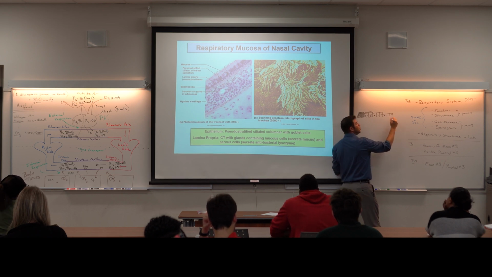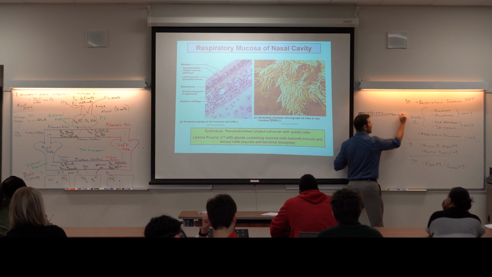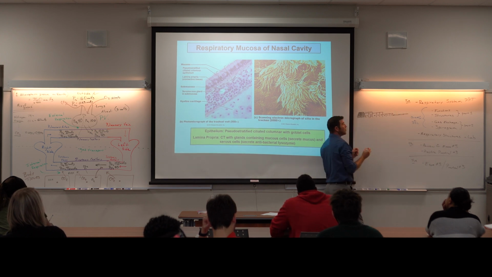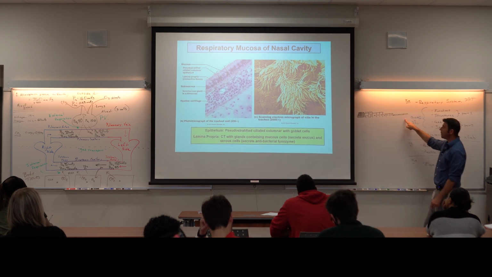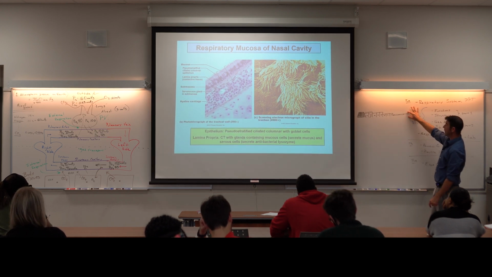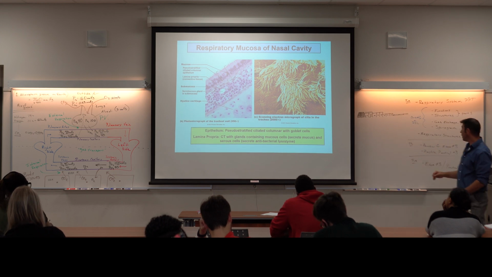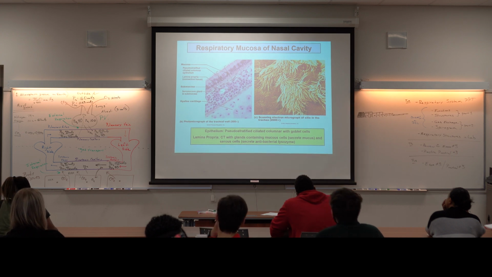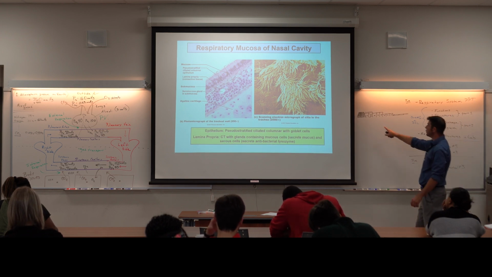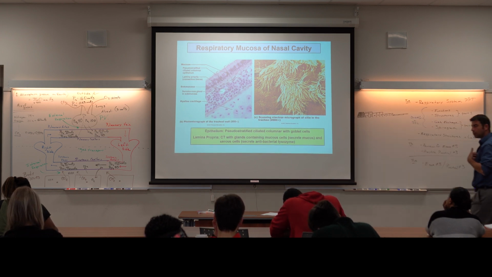We'll see it go from simple cuboidal eventually into those alveoli, those exchange surfaces, where it's down to simple squamous epithelial tissue. The whole idea here is that we're getting thinner and thinner cells until it's eventually the thinnest type of cell and gas exchange is occurring. So there's a trend and a change in epithelial tissue when we go through the respiratory tract. If I saw pseudostratified ciliated epithelial tissue, that tells me that we're in the trachea or some of those larger primary bronchi.